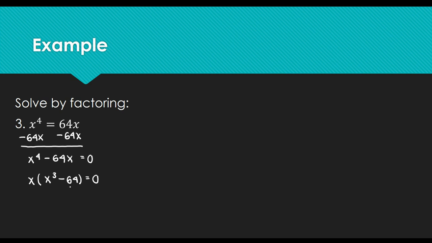Now, x cubed minus 64, this is something called a difference of 2 cubes. So we've talked about differences of squares. There's actually 2 different definitions here. So let's say I have a cubed minus b cubed. There is a specific formula that's going to help us factor this. It would be a minus b times the quantity of a squared plus ab plus b squared.